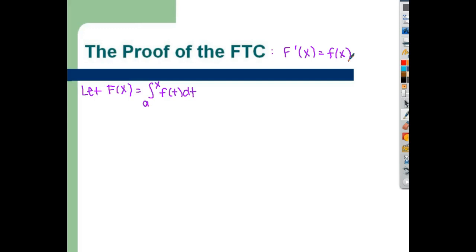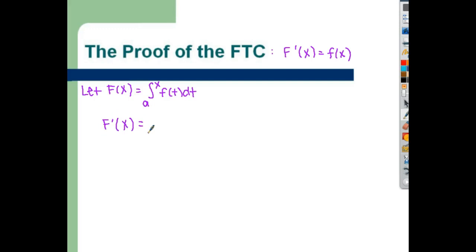So if we're trying to prove F prime is equal to f of x, what do I probably want to start my proof with? Yeah, I want to find F prime, right? So how do you find F prime? I need to take the derivative. But let's go back and talk about what F prime of x was equal to way back in the day.